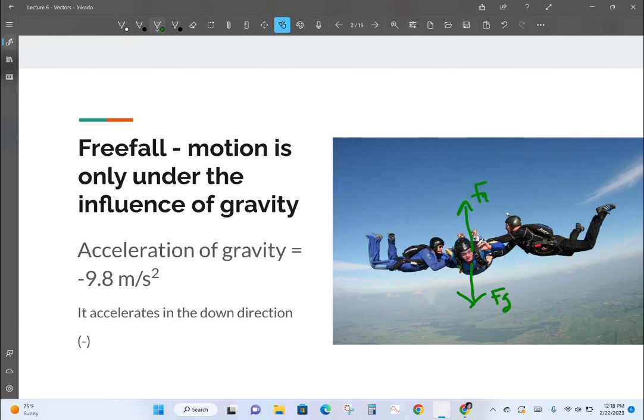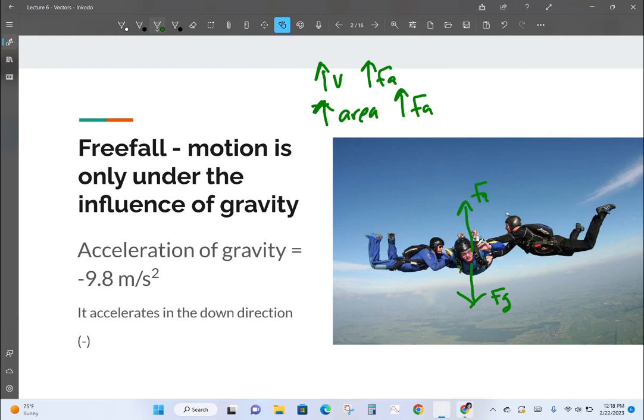And it turns out that as they increase their speed, the force due to air increases. And as you can see in this picture, if they increase their surface area, that also increases the force due to air. Okay, so as they move, this force will increase.